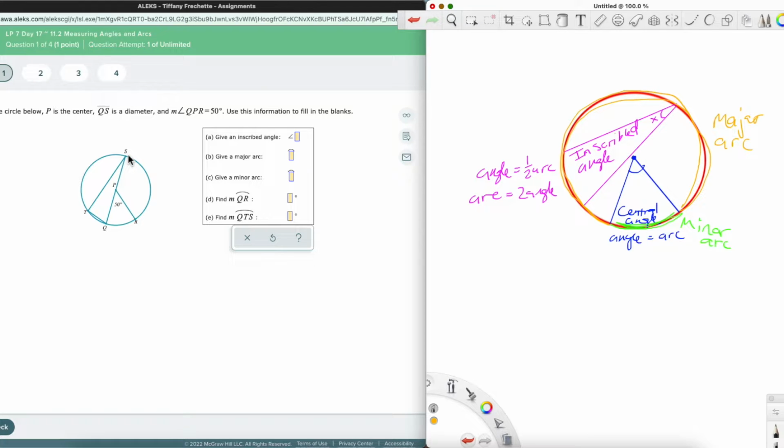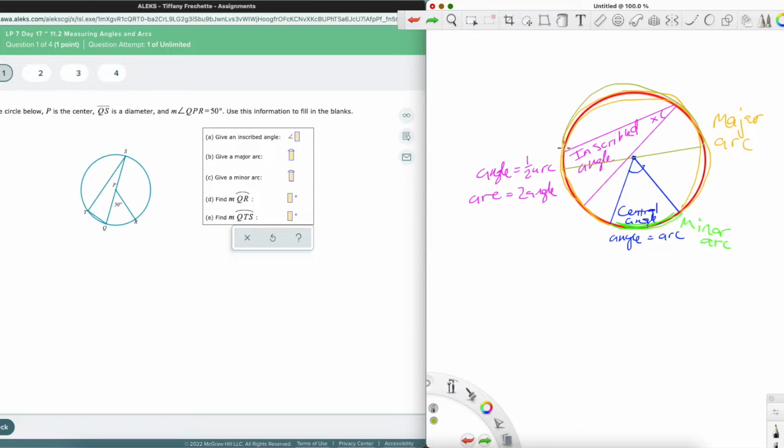Oh, that's another piece that, because they did have that in the explanation, I want to make sure I throw this one out there, a semicircle. So a semicircle is one where it's a diameter and it goes through. So this would be a semicircle.